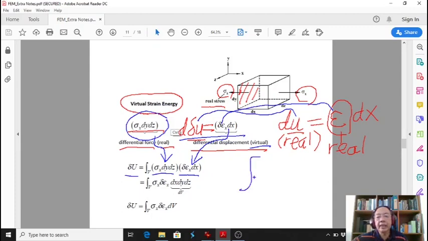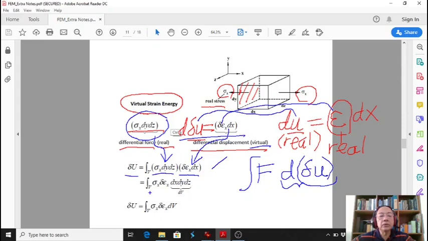Simply, F times d virtual u, the incremental displacement in virtual.